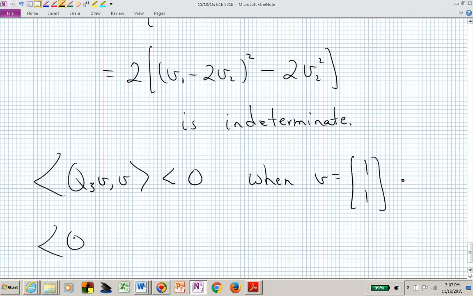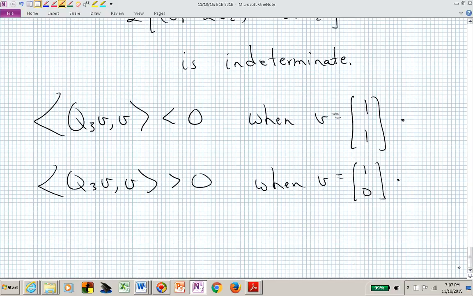If you looked at a different V, you can find a V where it becomes positive, meaning it depends on what V is, what the sign of that inner product expression will yield.